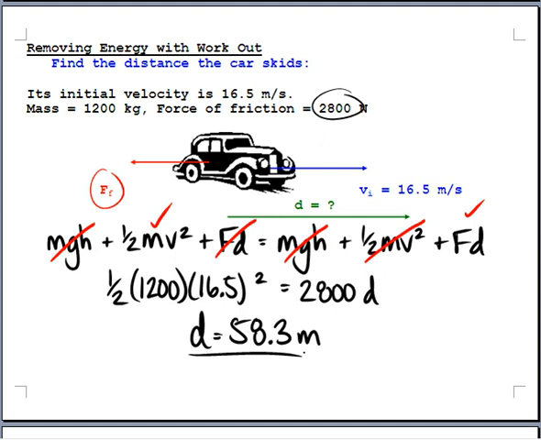In Chapter 5, when we saw the skidding car examples, it was free body diagram, F net equals ma, and then kinematics. It was sort of a 3-part question. This is a 1-part question. So it's a little bit more efficient, sorry, bad pun. It's a little bit quicker to get to the answer than it was to run F net equals ma.